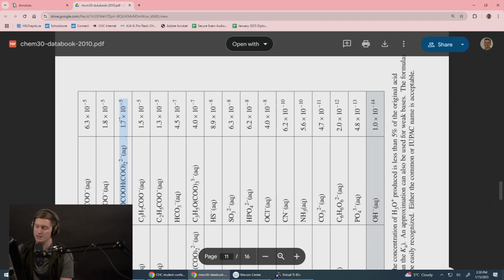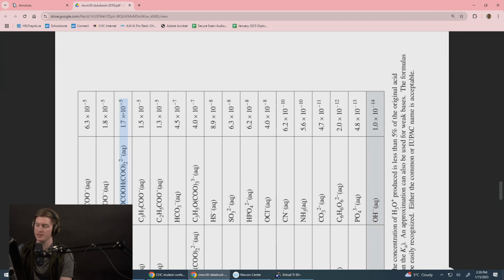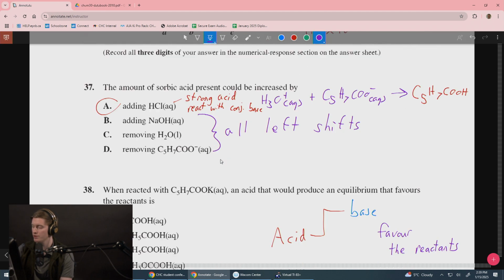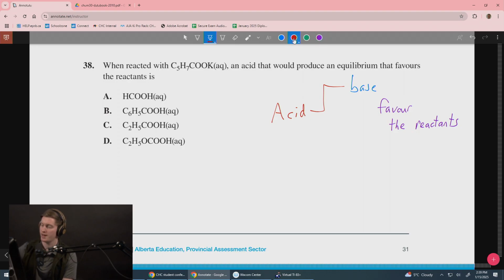You can slot it into the table right here if you want, and then compare it to the other acids on the table. Or you can just pull the Kas for each of these acids off the table. The Ka here is 1.8 times 10 to the negative 4. Our Ka here is going to be 6.3 times 10 to the negative 5. Our Ka here is going to be 1.3 times 10 to the negative 5.